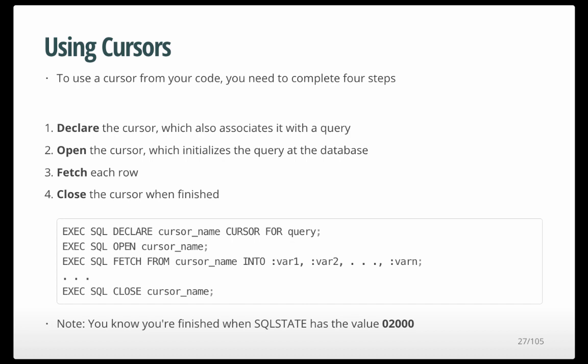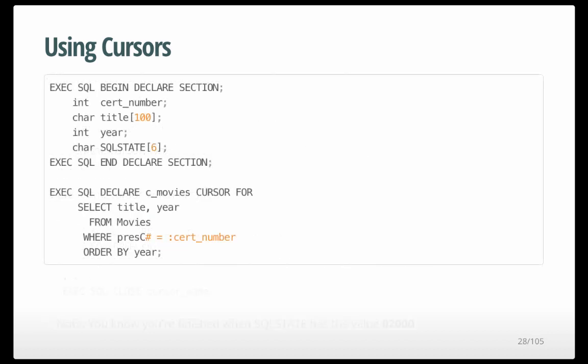I want to emphasize this a lot: we close the cursor when we're finished. If you don't, then you're still leaving some resources in the database that are trying to handle that open cursor. And that will be a disaster because the database will get bogged down and it won't be able to service everyone.